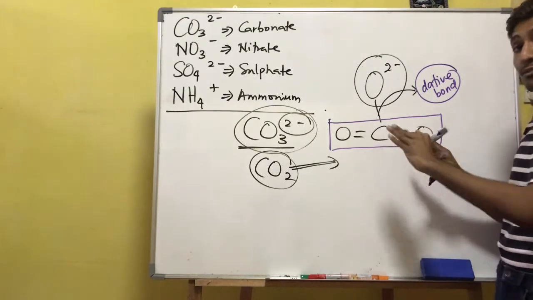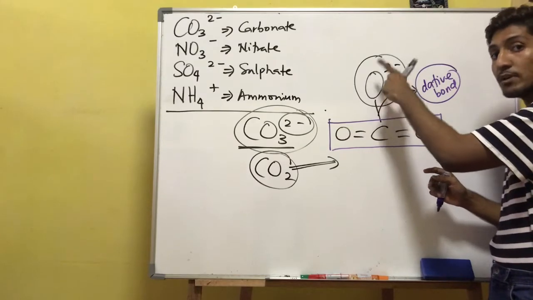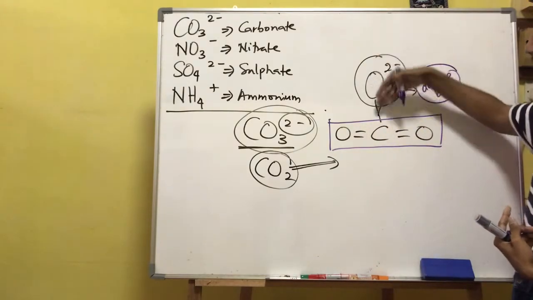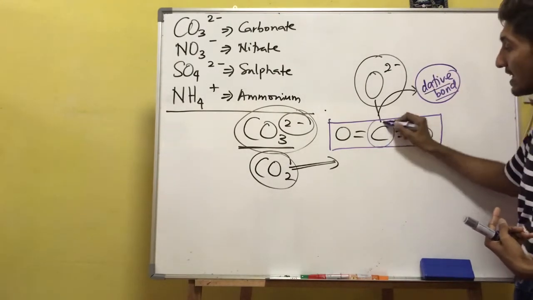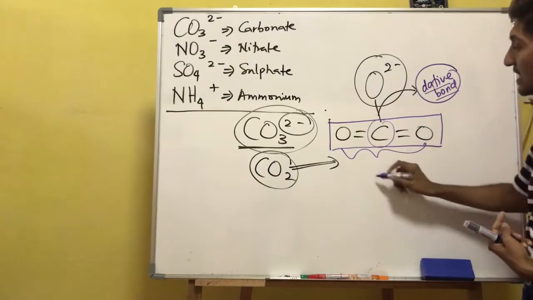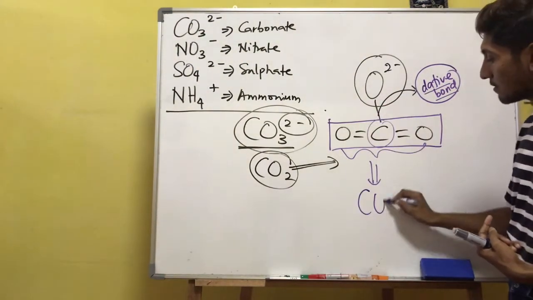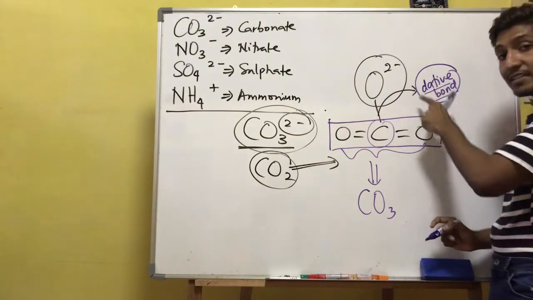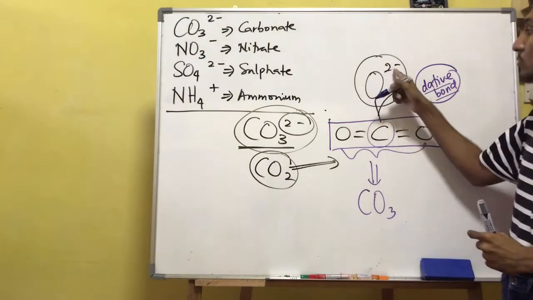This molecule has no charge. The only that has charge is this oxygen, which is the oxide ion. So when this oxide ion forms a bond called dative bond to the carbon in the carbon dioxide, this will produce CO3. But now, the one that is being bonded to this carbon dioxide that has no charge is O2 negative.